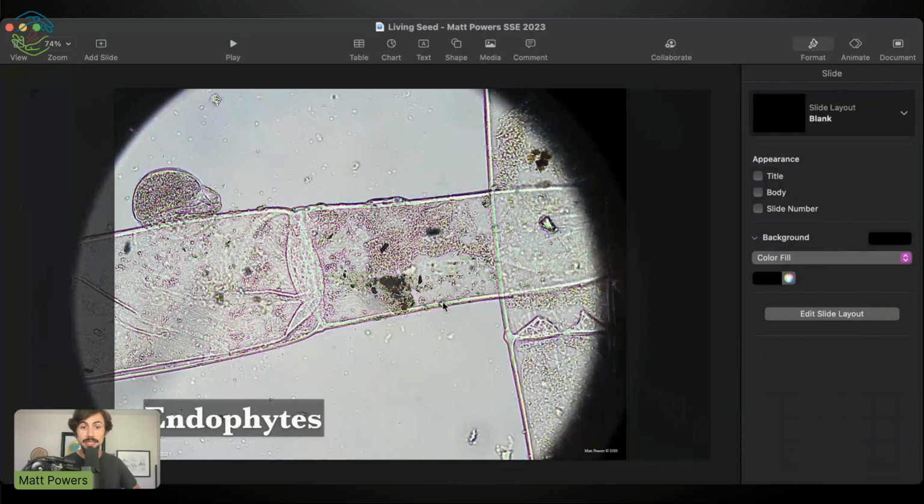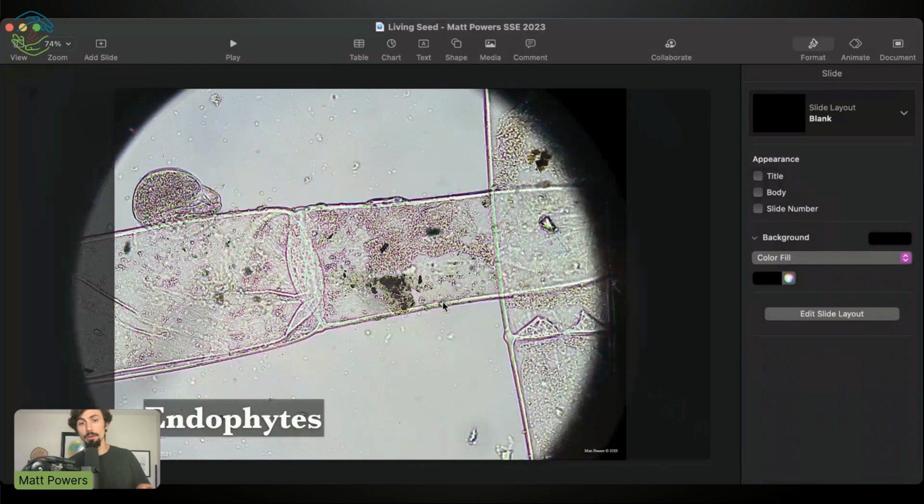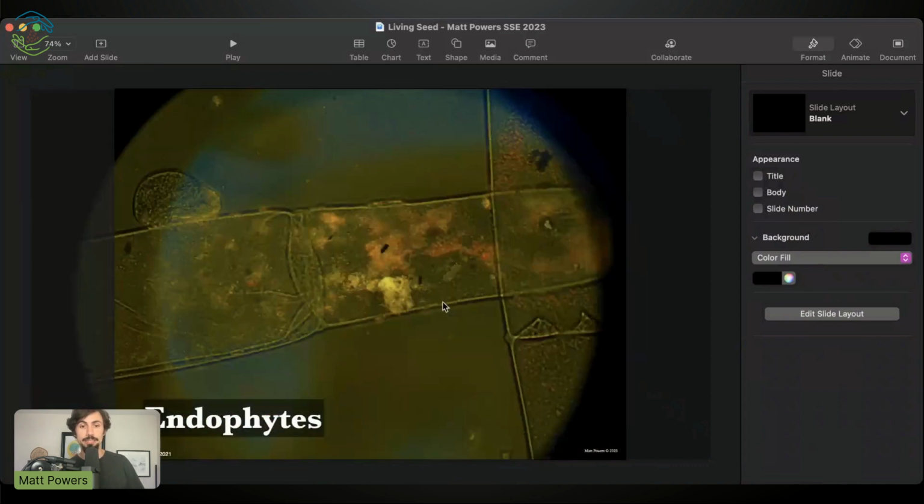And so we can see the endophytes inside of this pumpkin stem hairs, those white spikes. There's bacteria and fungi inside them. You won't see it with just bright field light microscopy. You need the epifluorescence.